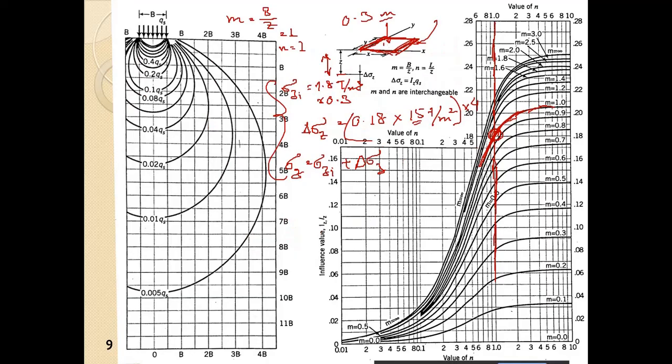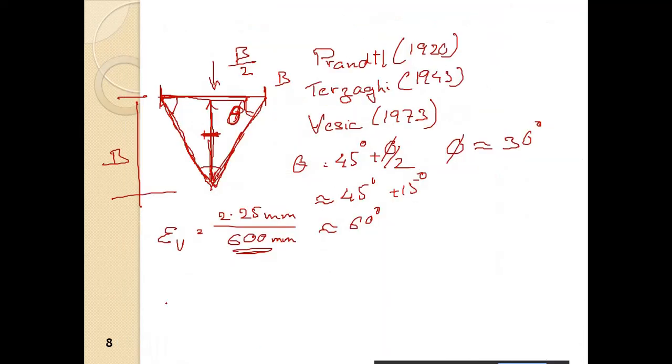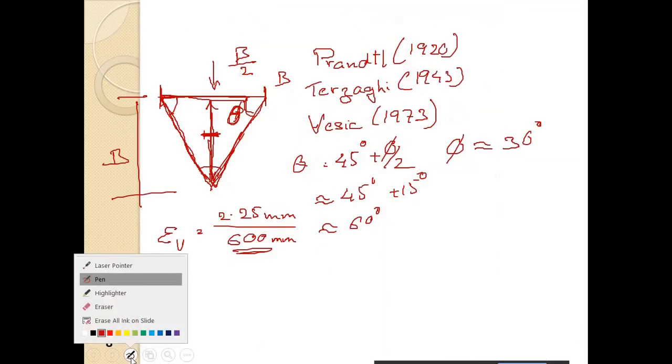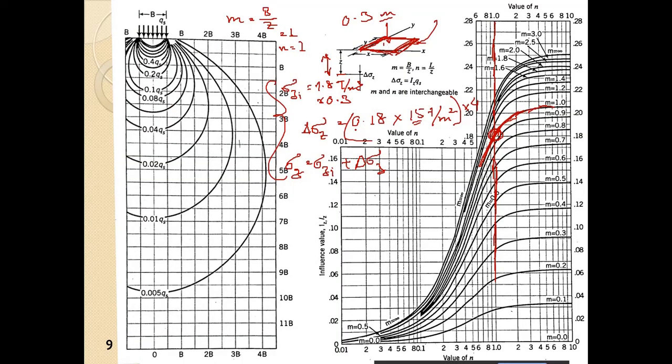Sigma Zi will remain the same. So basically, sigma Zi will remain the same, 1.8 into 0.3 ton per meter square. Now delta sigma Z will be the same here, 0.18.